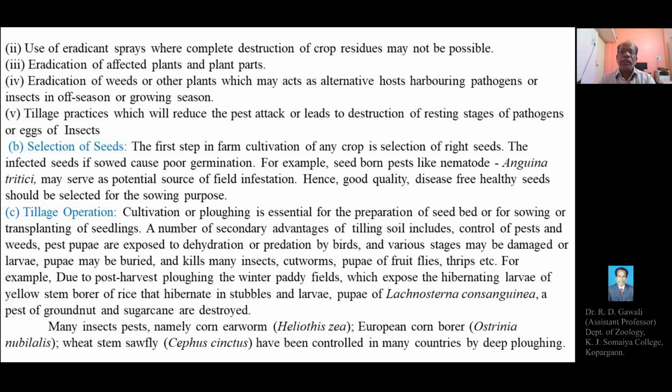A number of secondary advantages of tilling soil include control of pests and weeds.